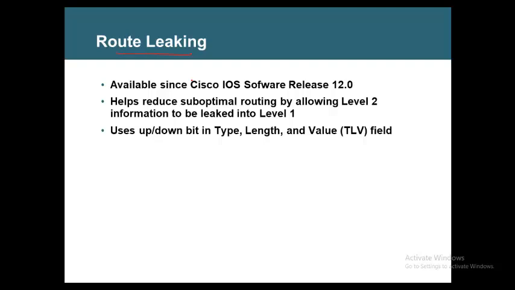But I'm telling you, there is an option called route leaking through which you can allow the L2 information inside L1. What is the advantage? Even though the L1 router is going to have other area routes, you still don't maintain the L2 database.